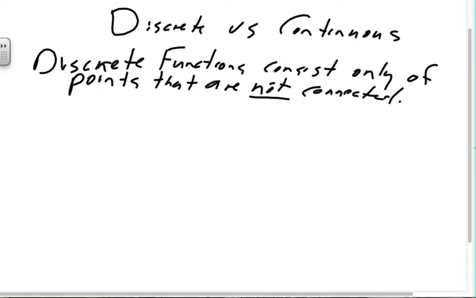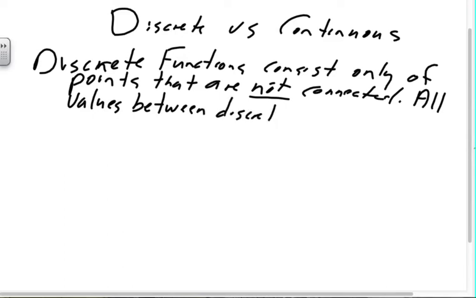Another way of looking at these is that all values between your discrete points will not occur.